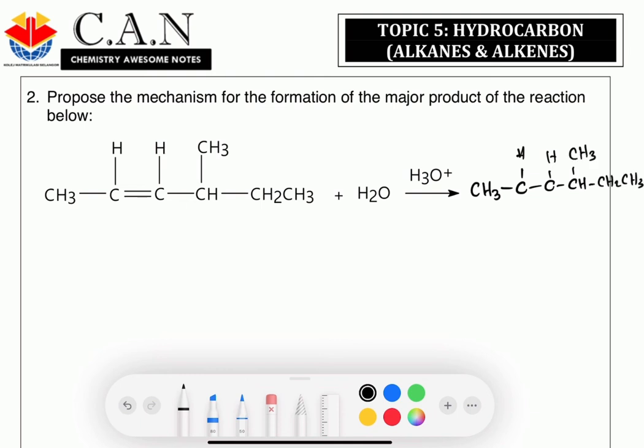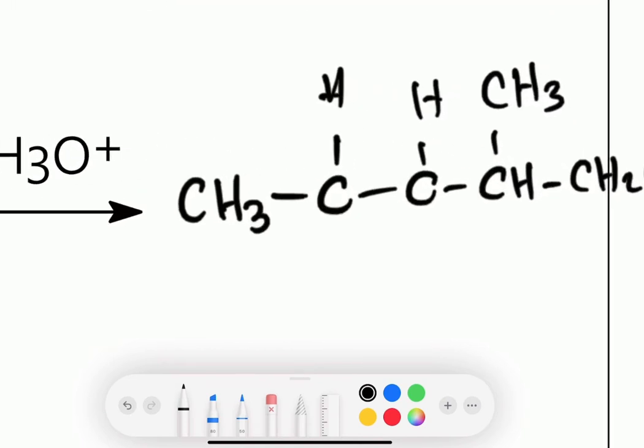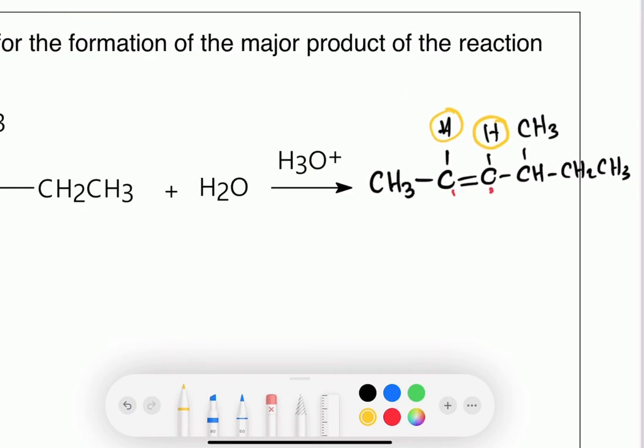And then suddenly, when you want to identify which carbon gets hydrogen and OH, and when you want to consider the number of H, you're going to bump into the same thing like this, and you wonder where actually H goes. Now, the real answer would be this. The H will be here, H will be here, and your OH will be here.